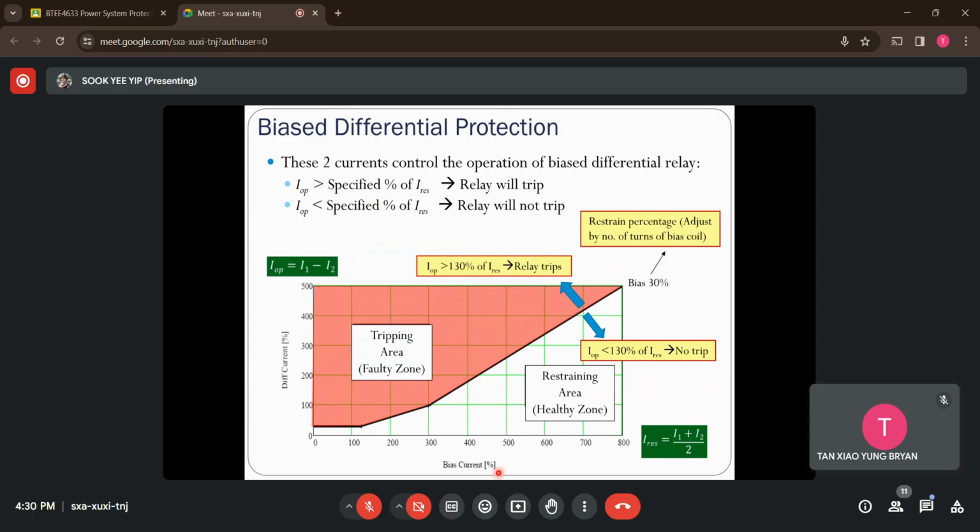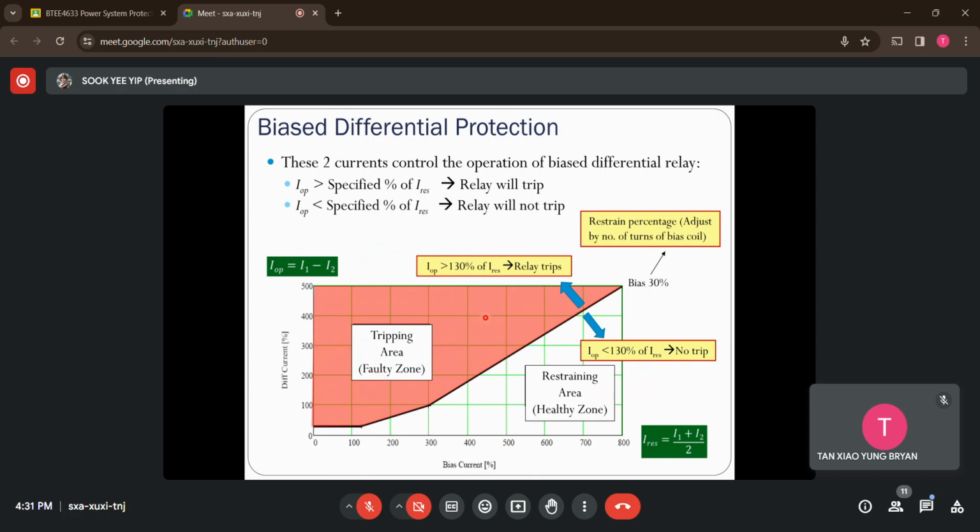Now let's say I have set the bias differential relay to operate at 30%, which means that if I measure an operating current more than 130% of the restraining current, it will fall in this red color zone. This red zone we call the faulty zone, which means we have a fault in the transformer.